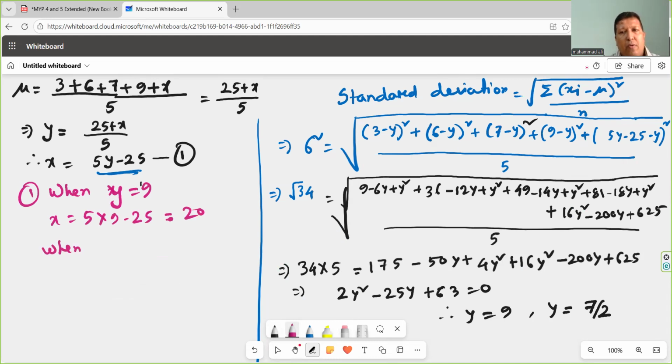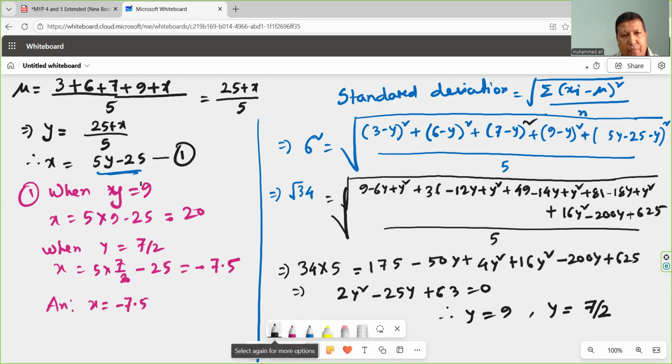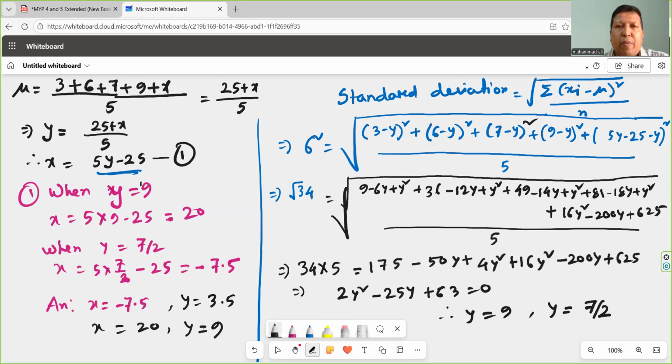When y equals 7 by 2, x equals 5 multiplied by 7 by 2 minus 25, so it will be minus 7.5. So finally, we get x equals minus 7.5 when y equals 3.5, and x equals 20 when y equals 9. I hope everybody understood this maths.